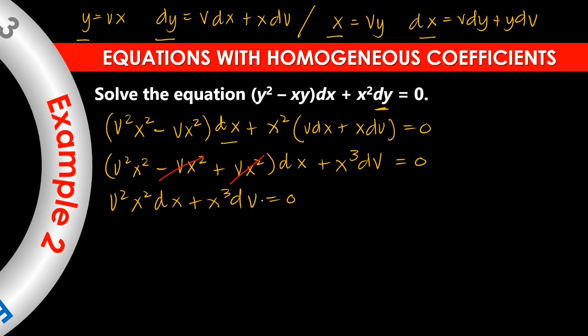Again, we cancel the common factor, which is x squared, so here we will be left with only x. Rewriting the simplified equation, we get v squared dx plus x dv equals 0.